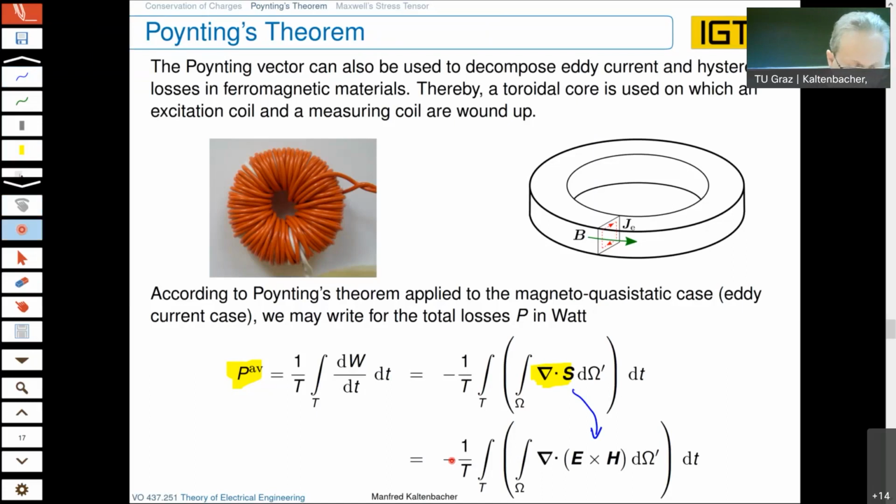Now, it is clear we have here a magnetic field which will also be able to describe the magnetization process. And we also have this electric field, where we have the general Ohm's law to get a relation to a current density, which is also shown here.